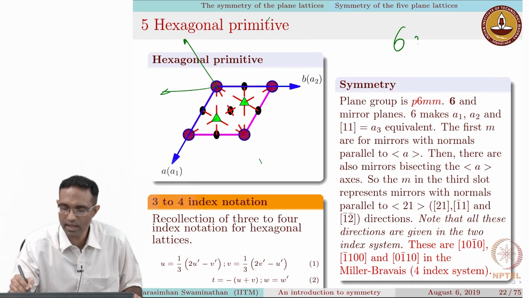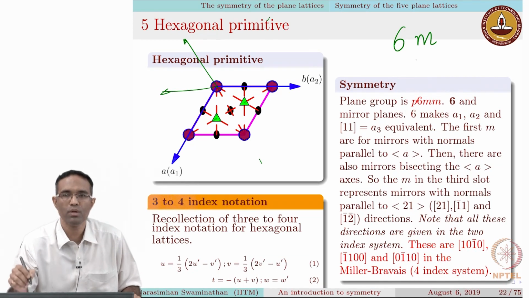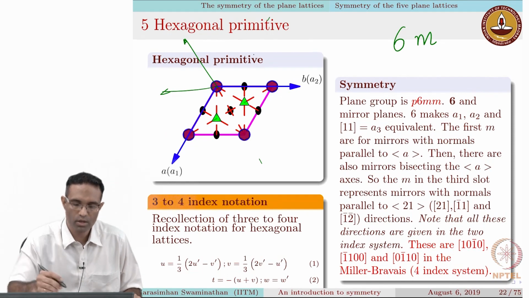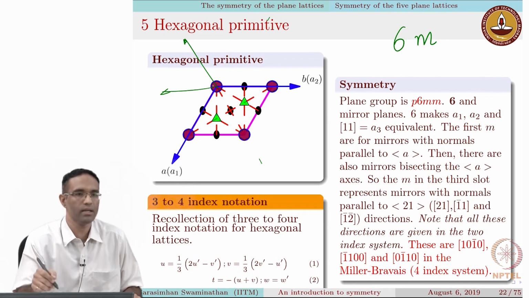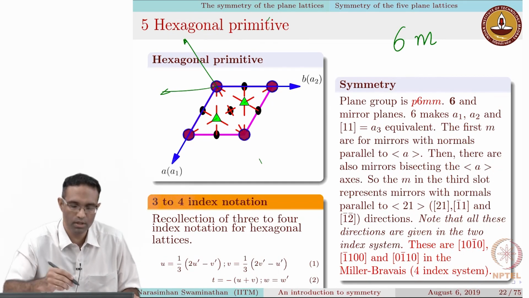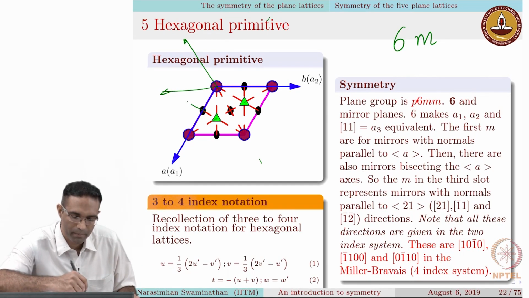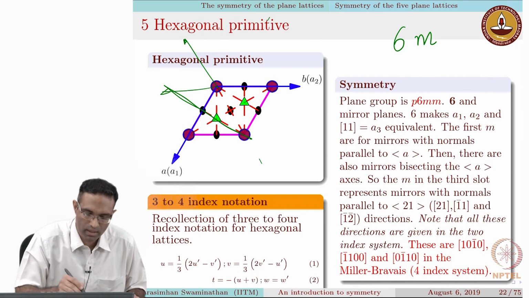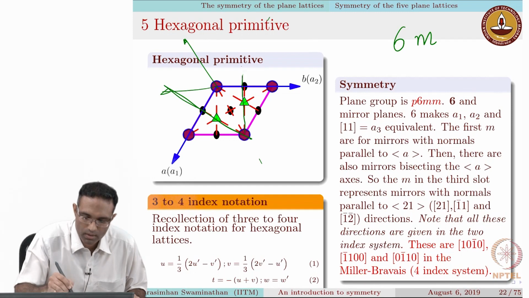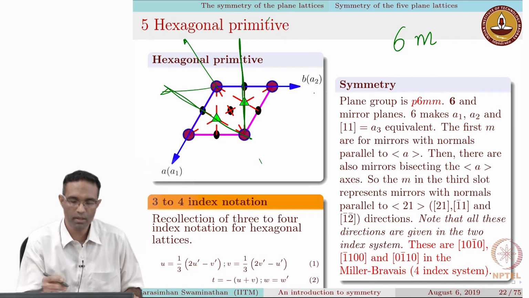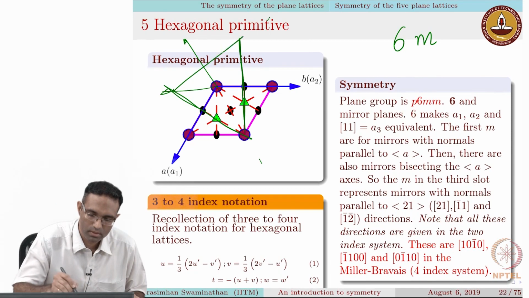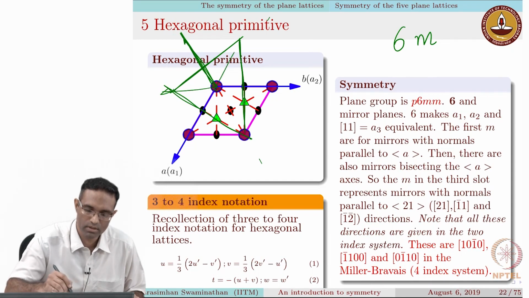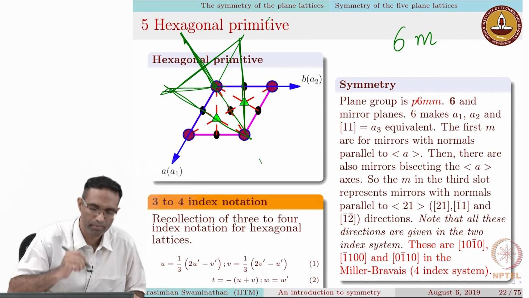So the next M corresponds to the mirrors with normal as the A, normal as the B, or normal as any equivalent to A and B. So basically these are the mirrors. This one has a normal A, this one has a normal B, and this one has this one as a normal, and this is the same, right? These things are the same.